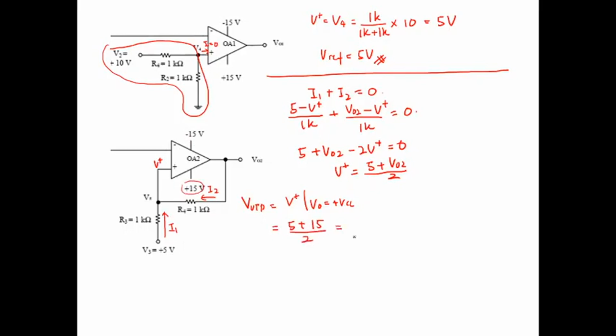So this is 20 over 2, which is 10 volt. This is your VUTP. VLTP is the V plus when the V out is equal to minus VCC. So this is (5 minus 15) over 2, which is minus 10 over 2, equal to minus 5 volt. This is the answer for the first question.